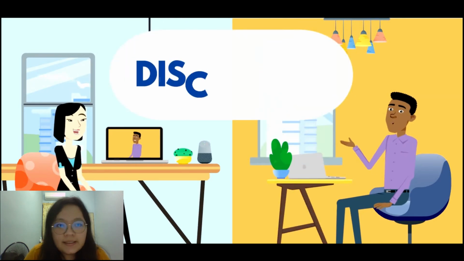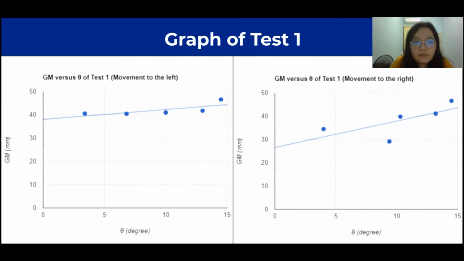As we can see, the data obtained have been transferred into graphs. The graph of GM versus angle of tilt for each test has been plotted. The first graph shows the data obtained from the top of the vertical height. The left side is the graph of GM versus theta for the movement to the right, while the right side is the graph of GM versus theta for the movement to the left.